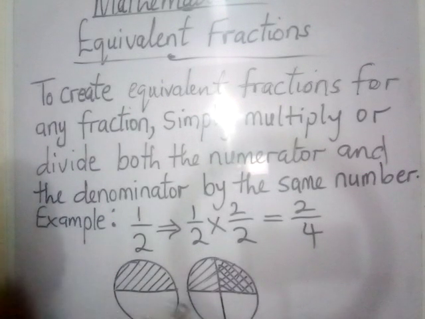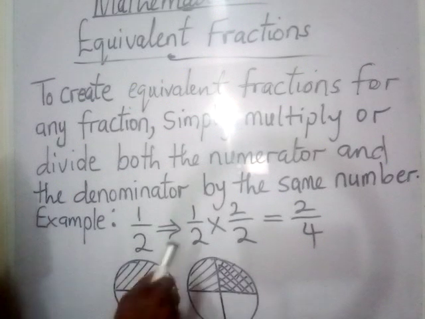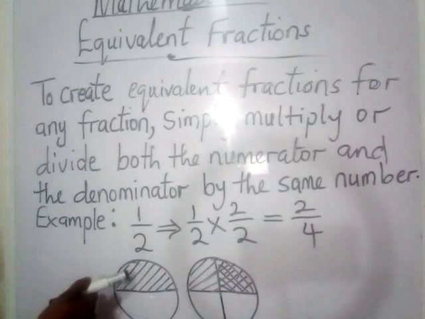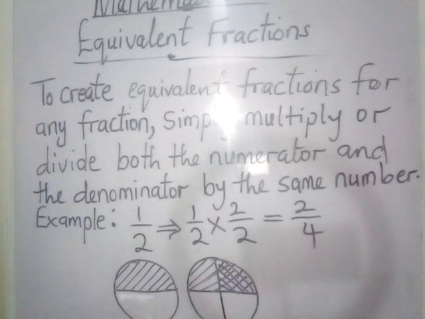The first one is shared into two parts, and part of it is shaded. The second one is shared into 4 equal parts, and 2 parts are shaded. Even though 1 part is shaded here and 2 parts are shaded here, if you look at them visually, you can tell that they have the same value, they are the same amount.